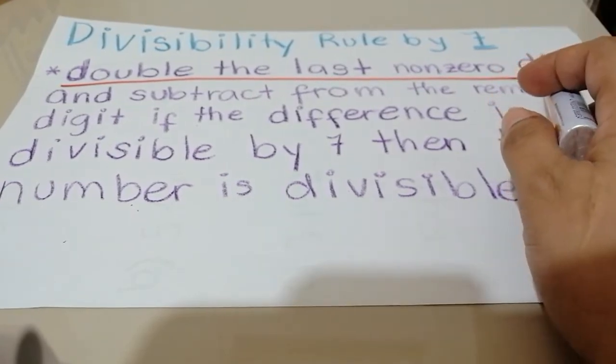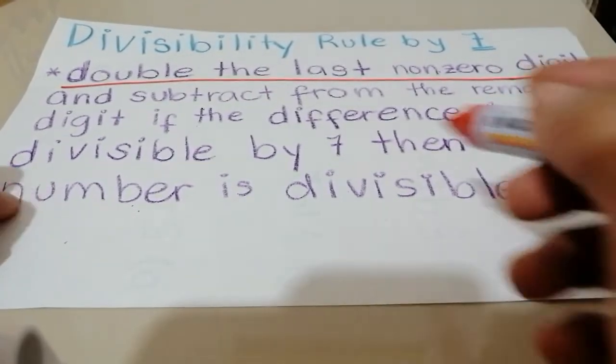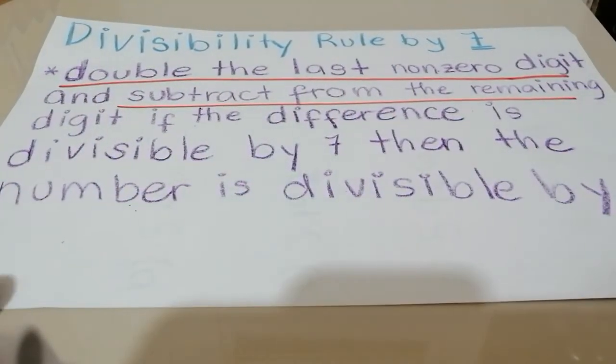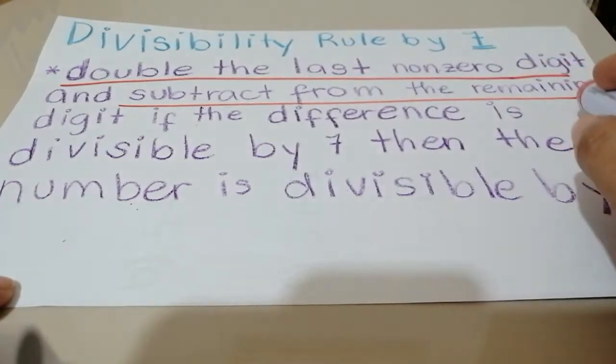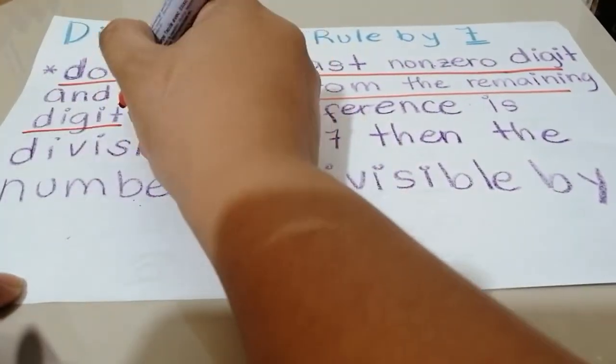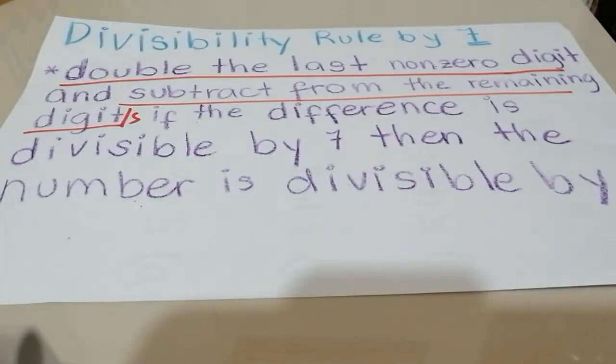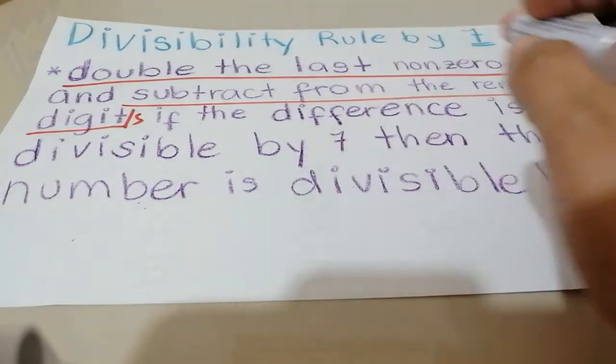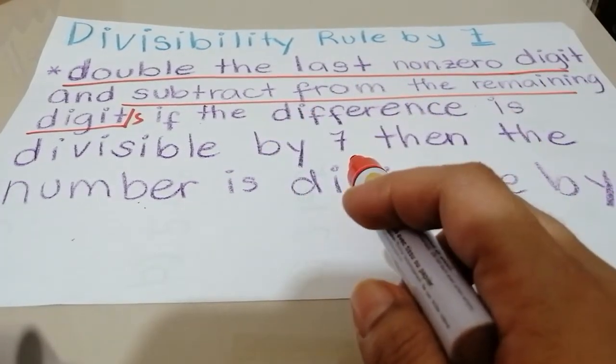And then after you multiply that by 2, you are going to subtract the product from the remaining digit or digits. So you're going to subtract whatever the answer is after you multiply it by 2 from the remaining digits.